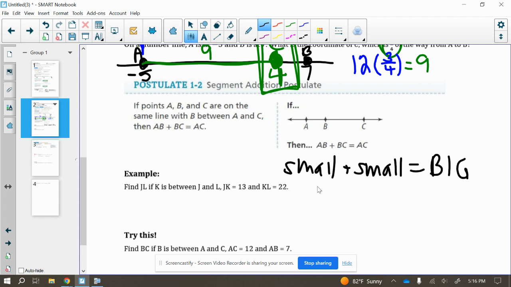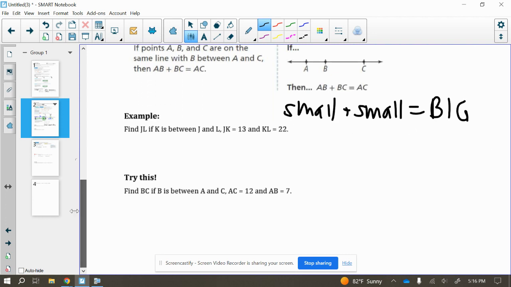Now, a lot of this takes an extra few seconds, but it's important that you draw yourself a picture. Notice it says, find the length of segment JL if K is somewhere between J and L, and the lengths of these are 13 and 22. So again, let's draw the picture.